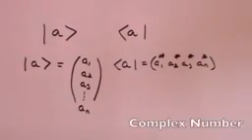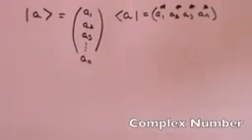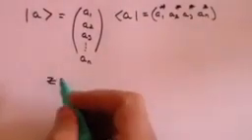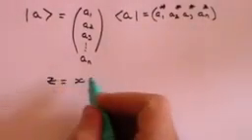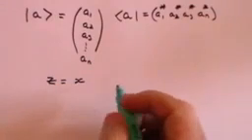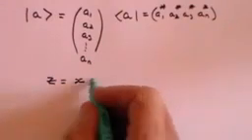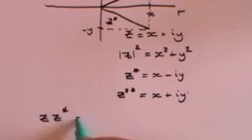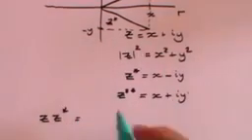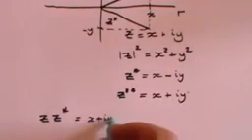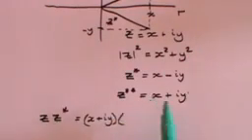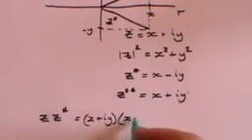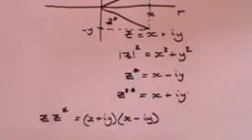Firstly, what is a complex number? A complex number, which we sometimes write as Z, is equal to a real number, that can be any number you like, x, plus iy. If you multiply Z by its complex conjugate, you're going to get x plus iy multiplied by its complex conjugate, x minus iy.